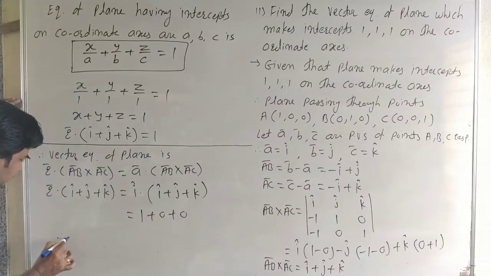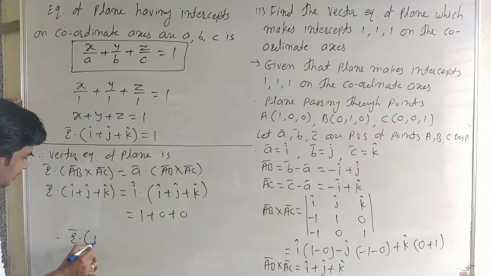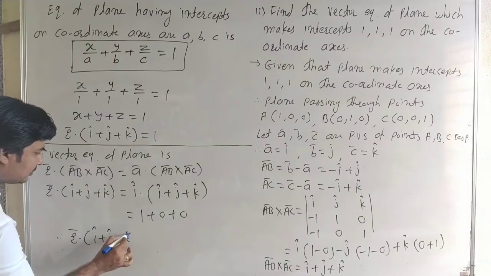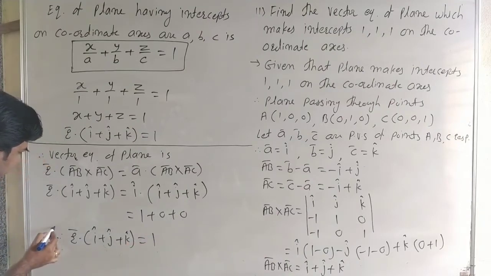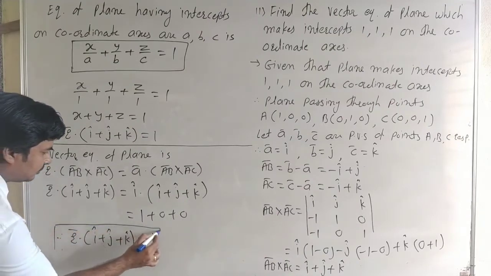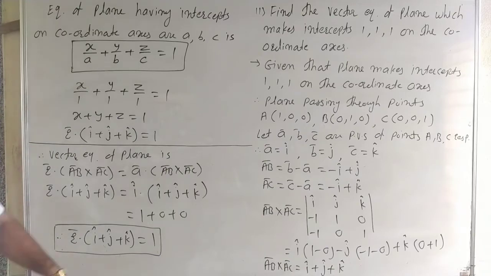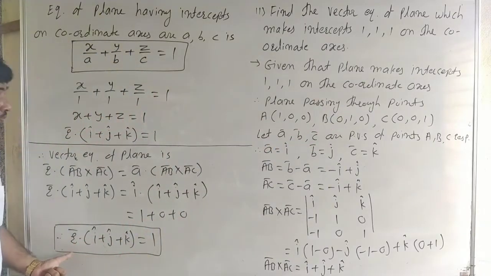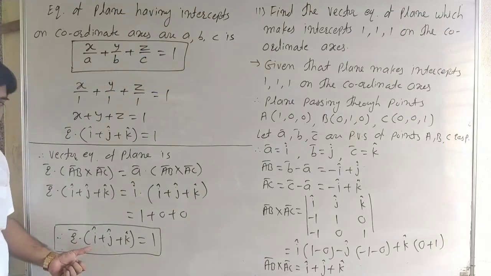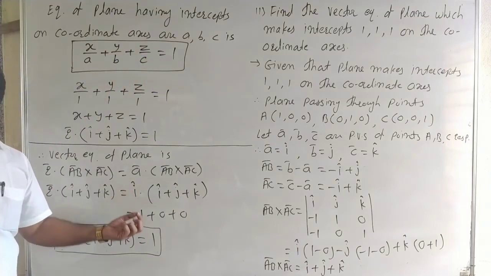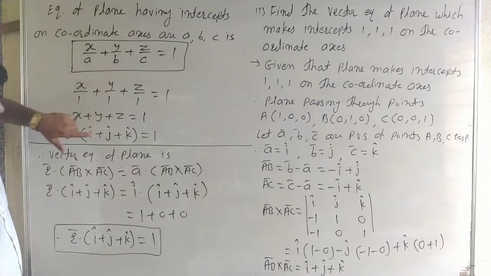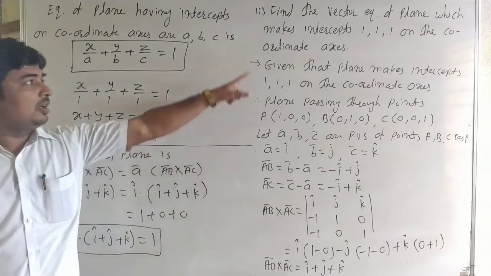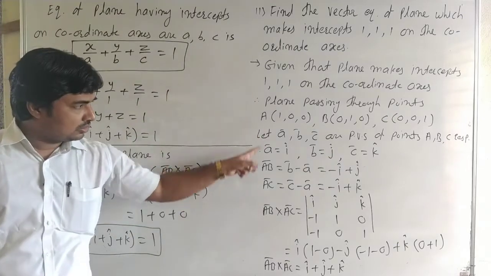Therefore R bar dot (I cap plus J cap plus K cap) is equal to 1. It is the vector equation of the plane passing through 3 points A, B and C, having intercepts 1, 1, 1 on the coordinate axis. We can directly write this, or by using the vector method we can solve it.